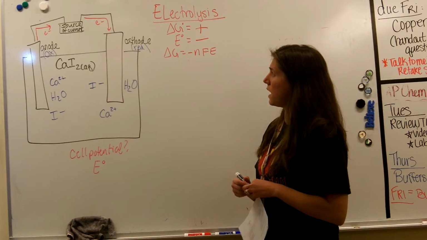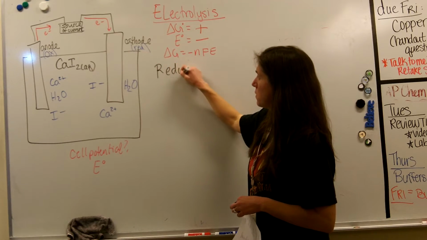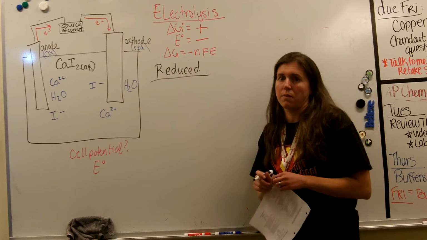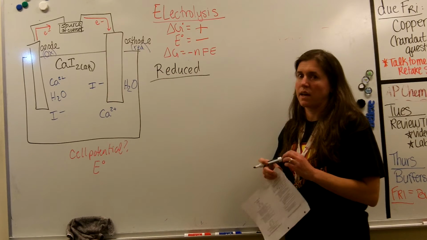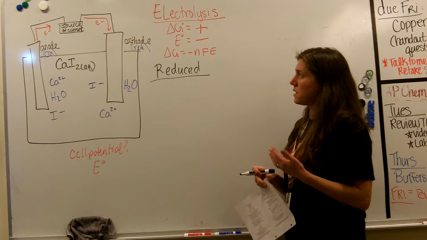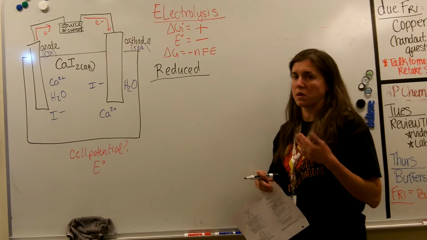So let's look at who is going to be reduced first. That might be the simpler one. Who will be reduced? Just like we said with voltaic cells, the substance that has the most positive reduction potential is going to be reduced.